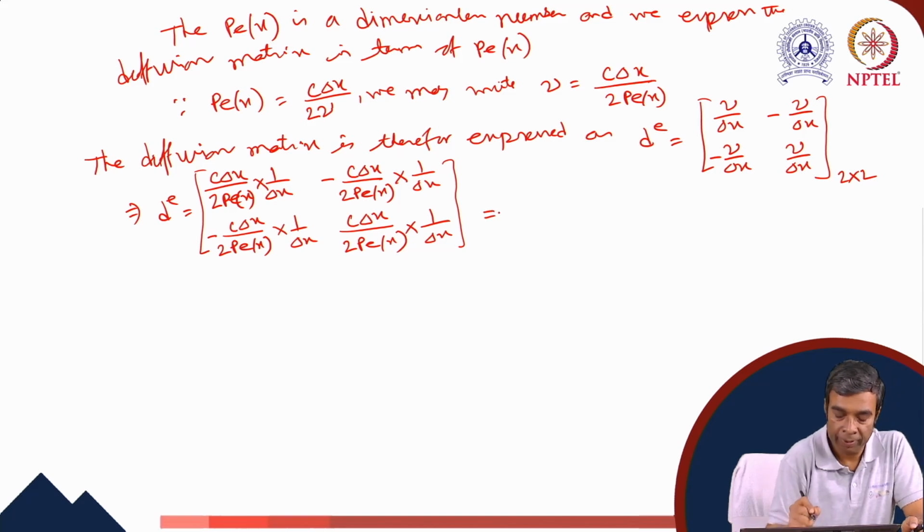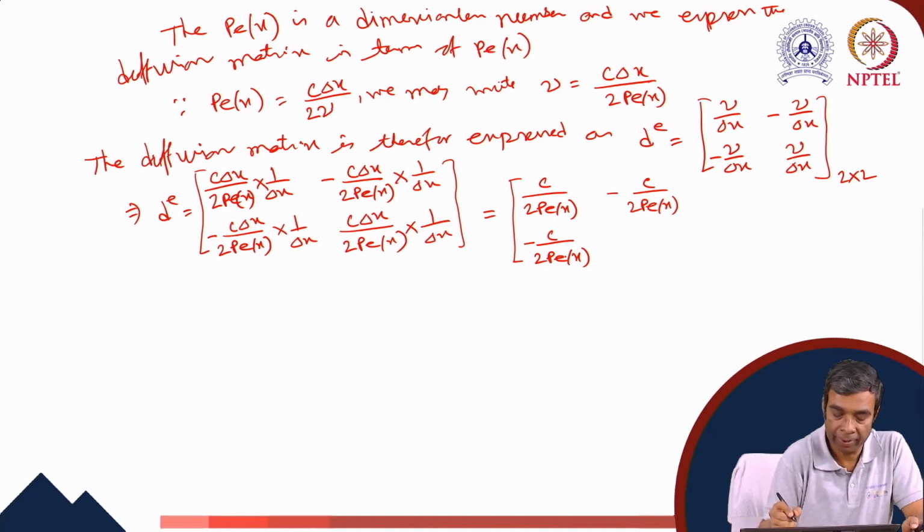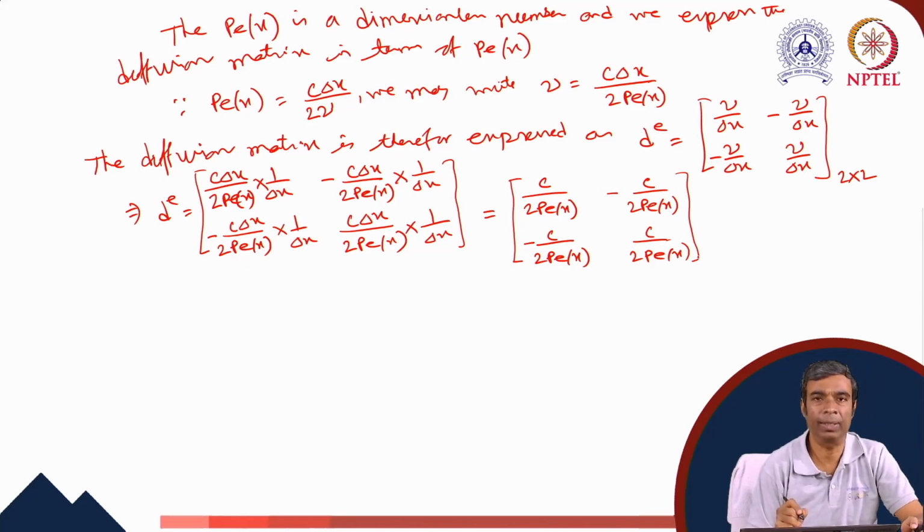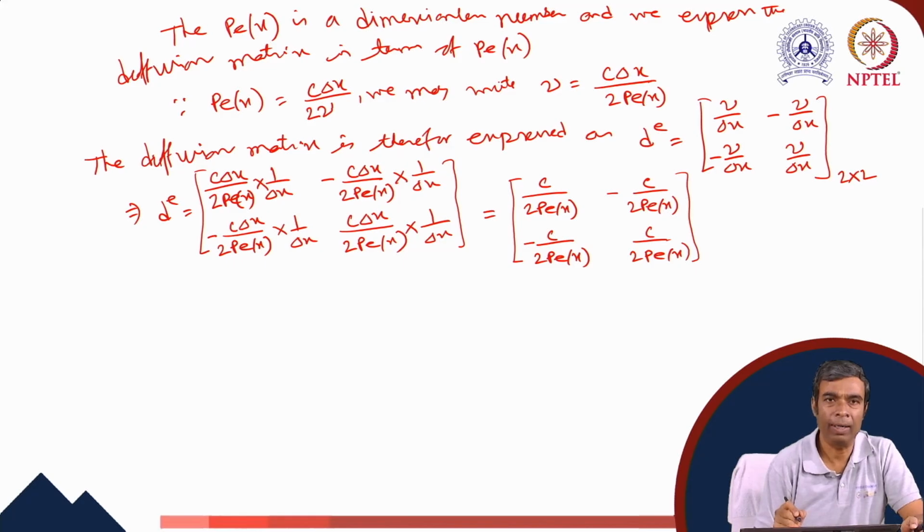From each entry, the mesh size gets cancelled out. So we get here C by 2 Pex in the first term, then minus C by 2 Pex, minus C by 2 Pex, and finally the d22e term is C by 2 Pex. So we have obtained the diffusion matrix and the convection matrix for the two-noded bar elements.